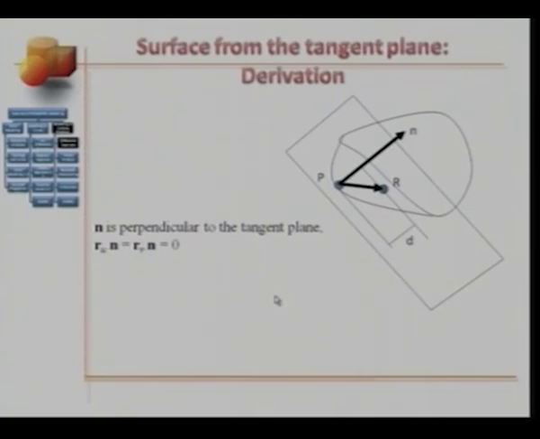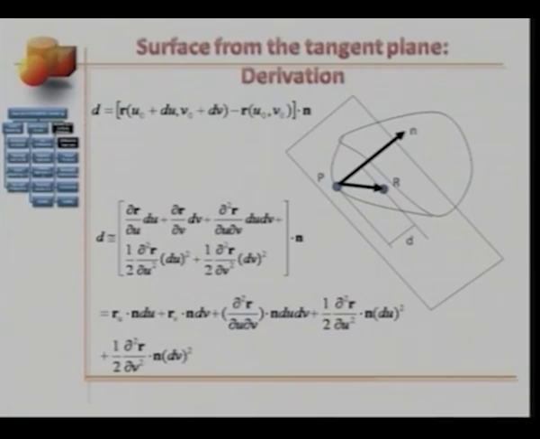Now you would note that n is perpendicular to the tangent plane, because of which r u dotted with n is 0, and also r sub v dotted with n is 0. Recall from before that the vectors r sub u and r sub v in fact define the tangent plane. So what will happen to this expression?